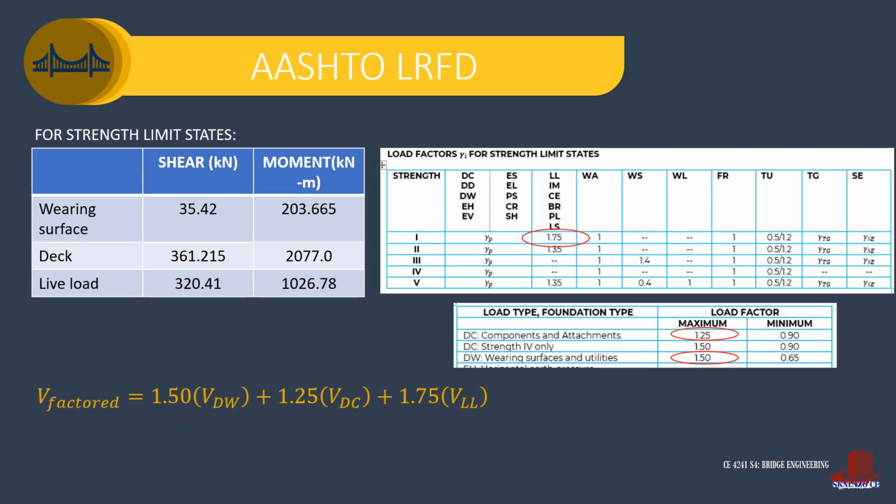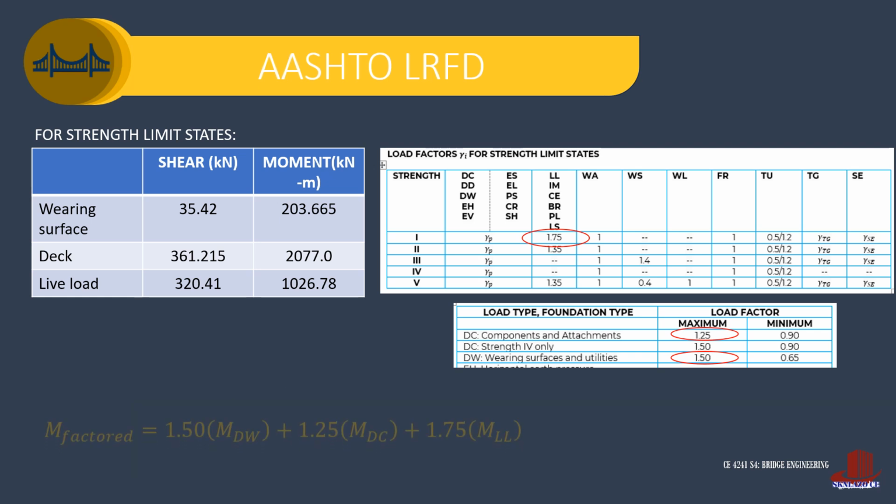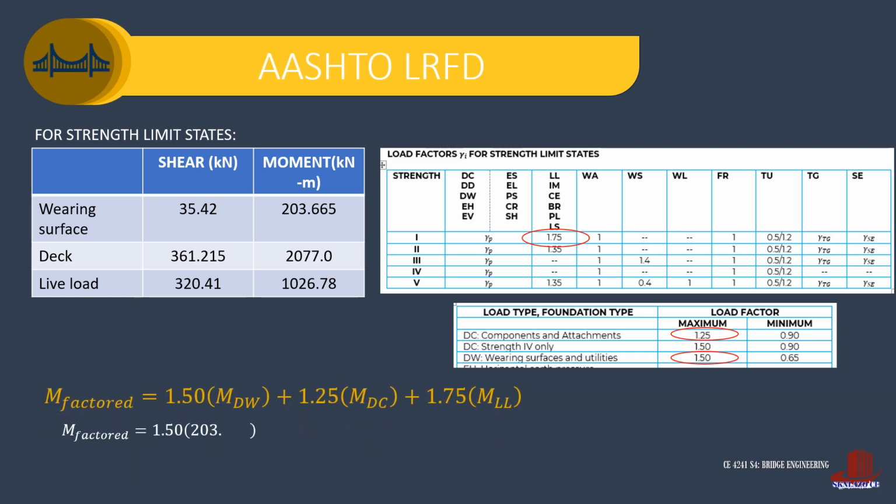The factored shear is computed as 1.5 of 35.42 plus 1.25 of 361.215 and 1.75 of 320.41, which is 1065.37 kilonewtons. The moment then is 1.5 of 203.665 plus 1.25 of 2077 and 1.75 of 1026.78, which makes the factored moment as 4698.61.